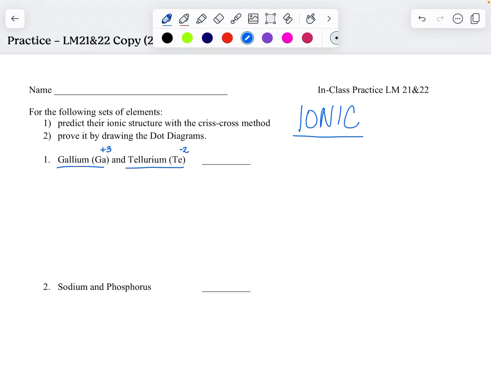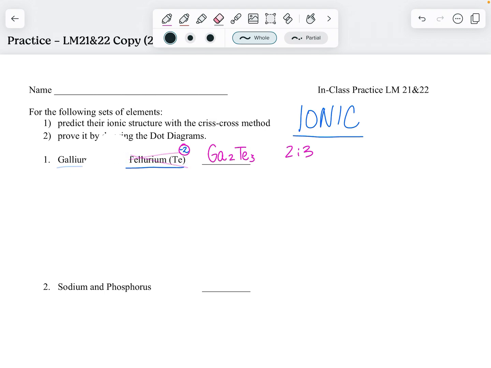So if we crisscross these charges down, we are going to get a final ionic formula of Ga2Te3. And this tells me that gallium and tellurium are going to react in a 2:3 ratio. So now what we're going to do is confirm that by using the dot method.